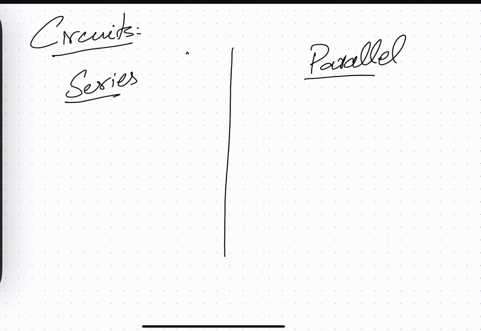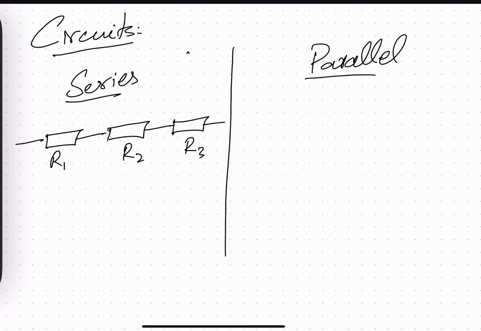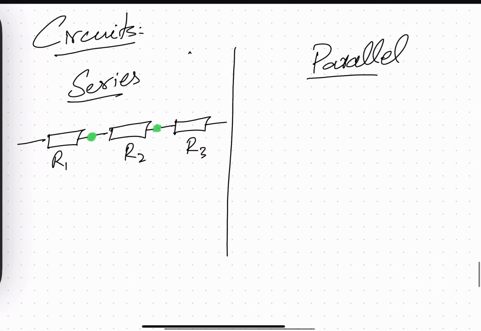Series circuits are such that the components are attached end to end. Let's suppose this is R1, this is R2, this is R3. The end of R1 is the starting point of R2, and the end of R2 is the starting point of R3. So they are attached end to end, one after the other in a line. That is called series.